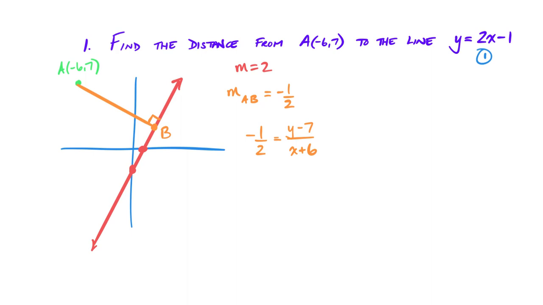That is, if I take a look at that equation, I'm going to put it in a useful form. That means I'm going to multiply out all my denominators. So I can multiply my 2 out to the right side, multiply my x plus 6 up to the left side. So I'm going to multiply that by my negative 1.